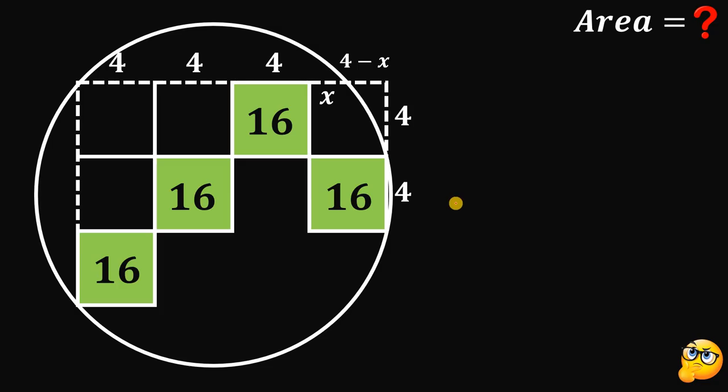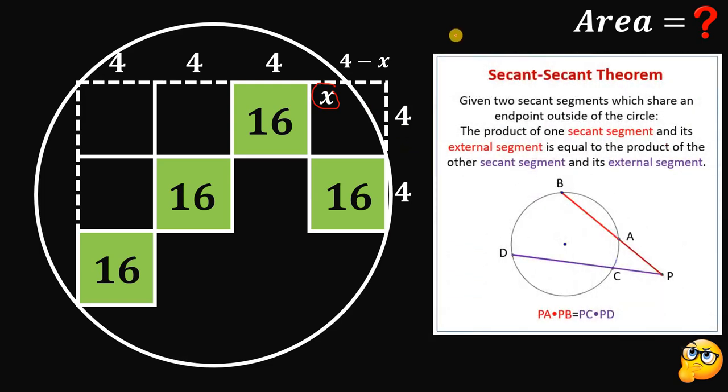Now, to find the area of the circle, we need to get the value of this variable x first. To do that, we will use the secant power theorem. It says, given 2 secant segments which share an endpoint outside the circle, the product of one secant segment and its external segment is equal to the product of the other secant segment and its external segment.